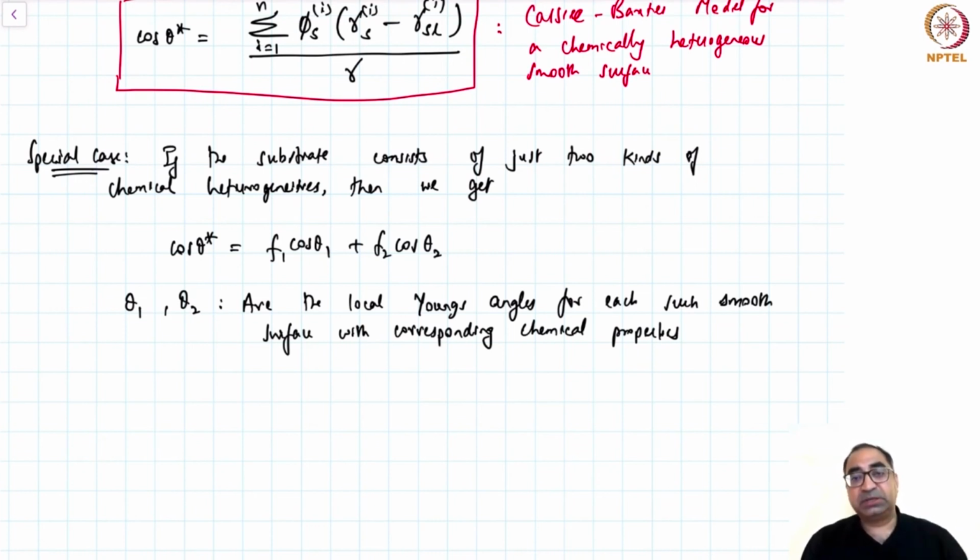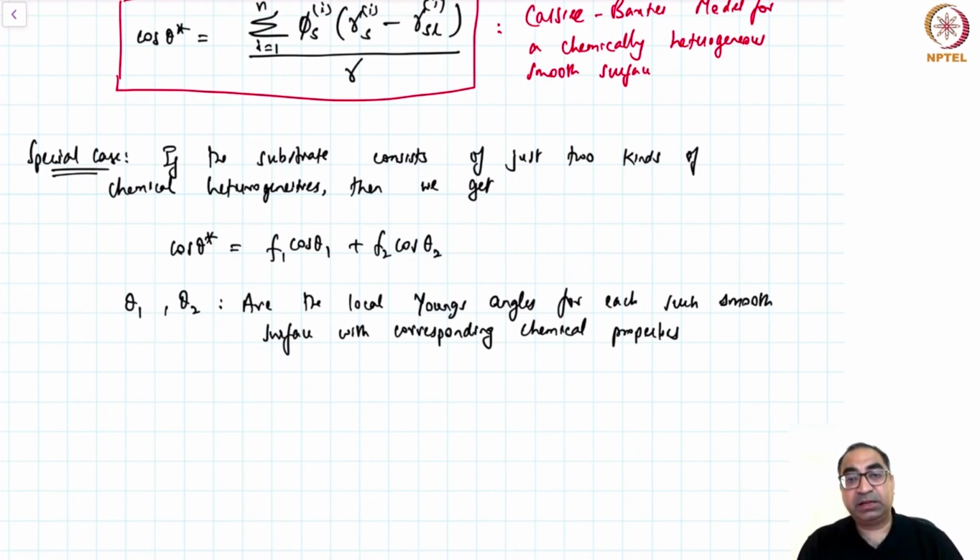Once you have a droplet sitting on a surface, you need to know how much of the droplet is covering the treated and the untreated portions. That's basically represented by F1 and F2. These are like area fractions, the area of these islands of different heterogeneities, different chemical compositions, and once you know that, you can calculate the effective angle that you would see. This is the Cassie-Baxter model.